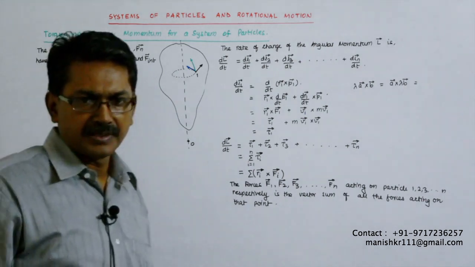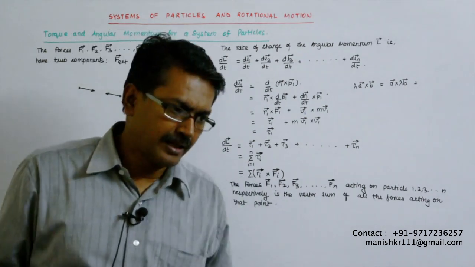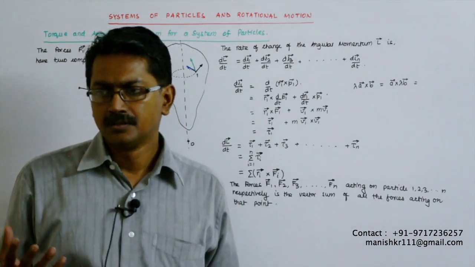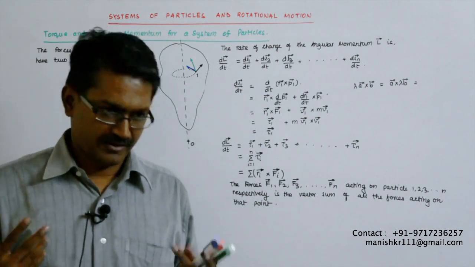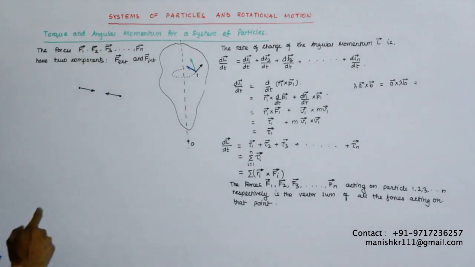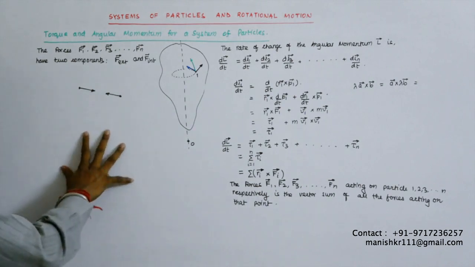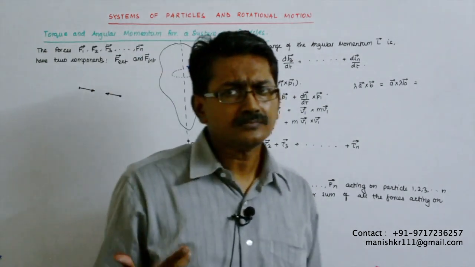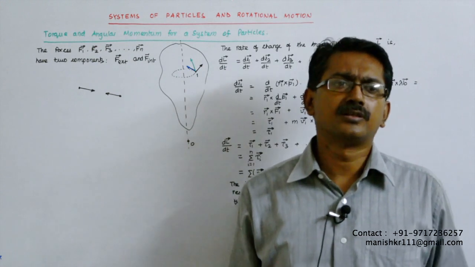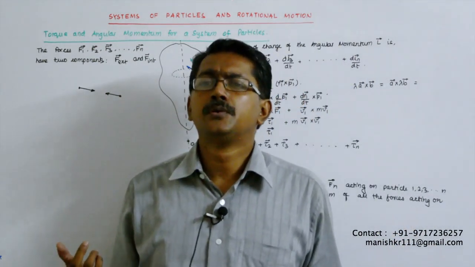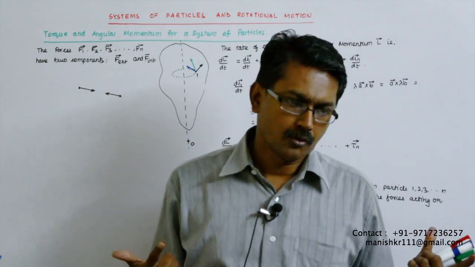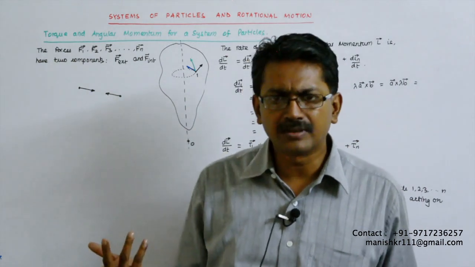One is the external component, which is applied by an external agency. The other is the internal component, which may be the gravitational forces, or due to some spring, or anything of that sort.